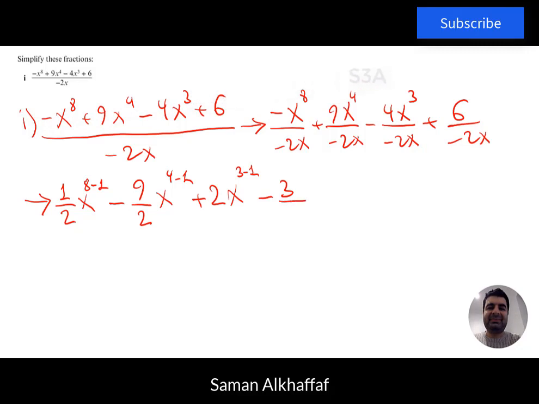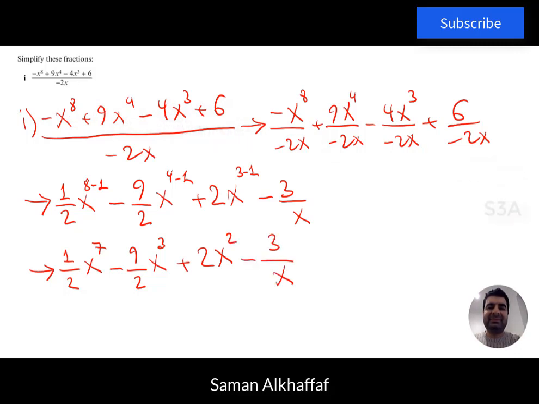3 over x. We can simplify the expression further by having 1 over 2 x to the power 7 minus 9 over 2 x to the power 3 plus 2 x to the power 2 minus 3 over x. So this will be the simplified version of the answer.